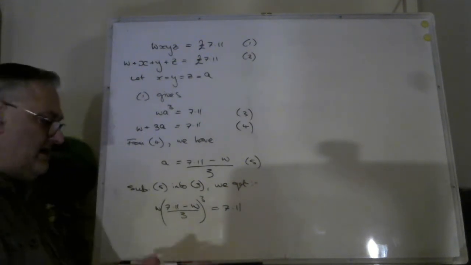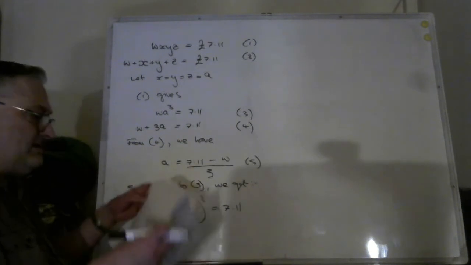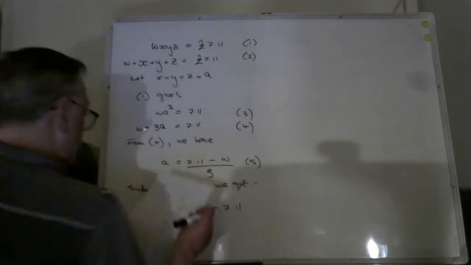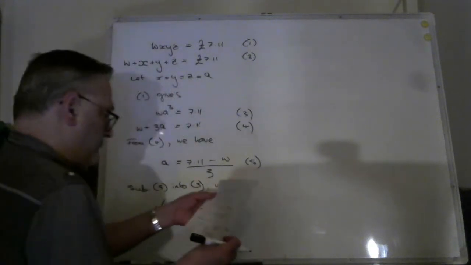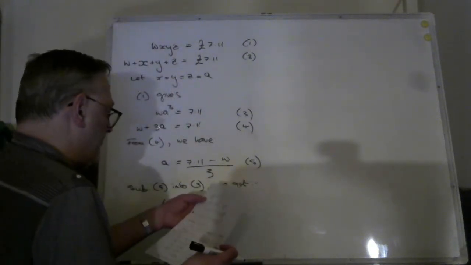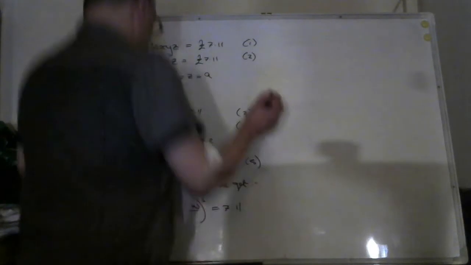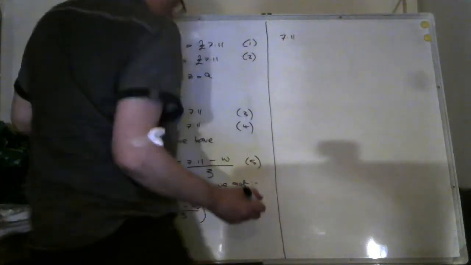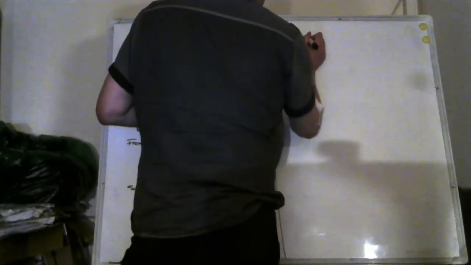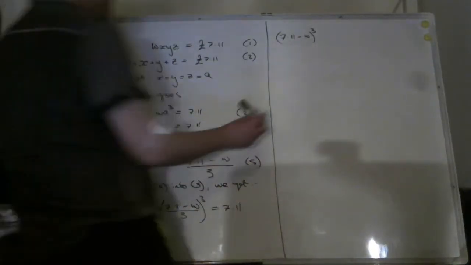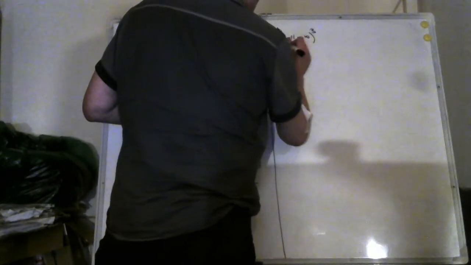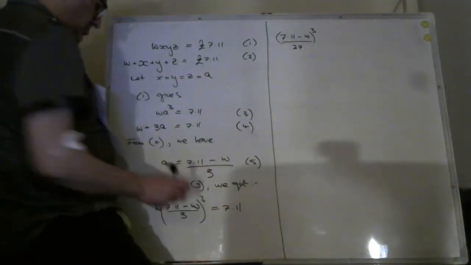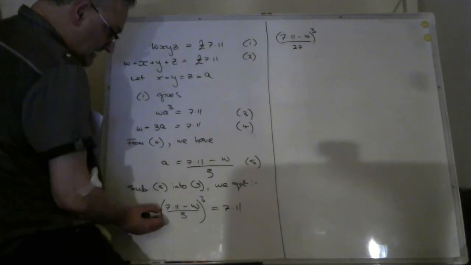So what we do is we write 7.11, I'll just draw a dividing line down there, minus W to the power 3. 3 cubed is 27. And we're going to divide both sides by this W here.